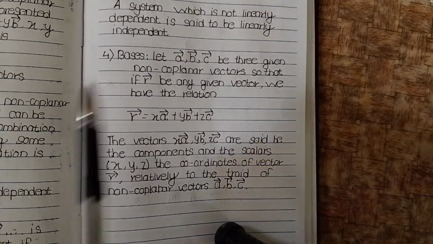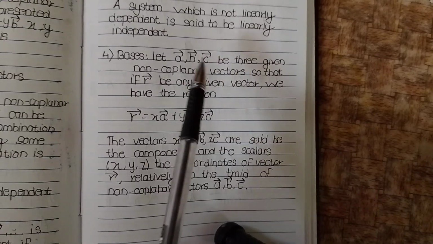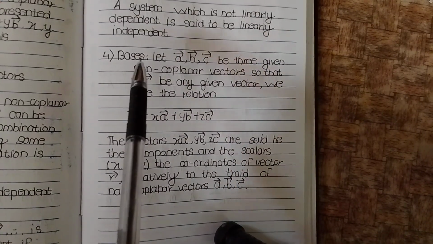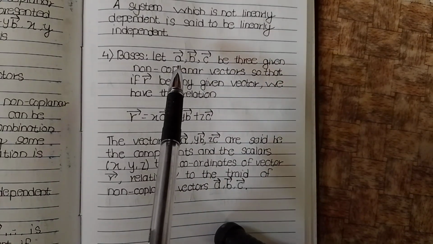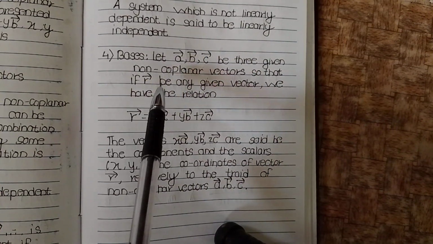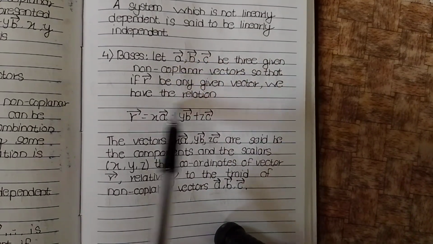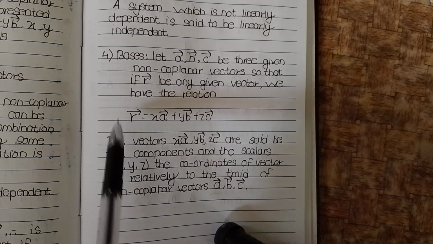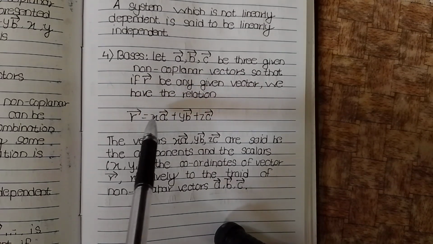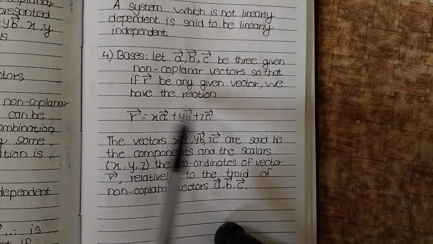Okay, so let A vector, B vector, C vector be three given non-coplanar vectors, so that if R vector be any given vector, we have the relation R vector is equal to X A vector plus Y B vector plus Z C vector.